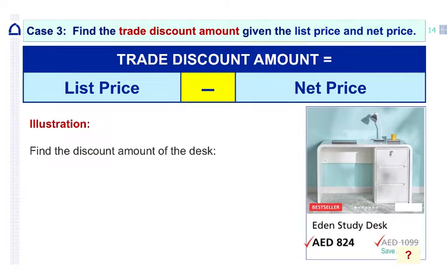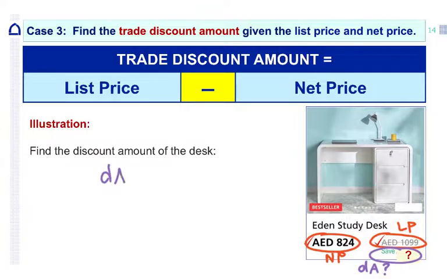Okay, here's another scenario where they tell you the cheaper price, which is called the net price. They tell you the original expensive price, which is called the list price or catalog price, and they're asking, how much did you save? So they're asking for the discount amount. And of course, it's quite logical.